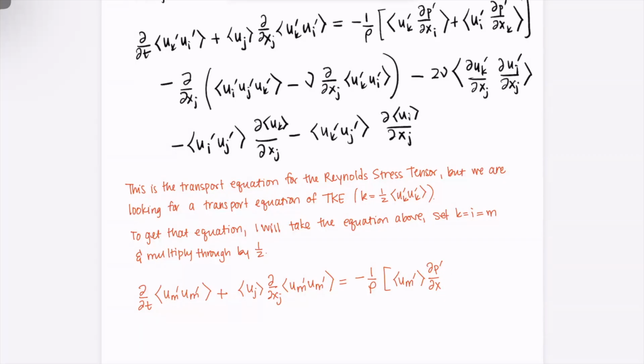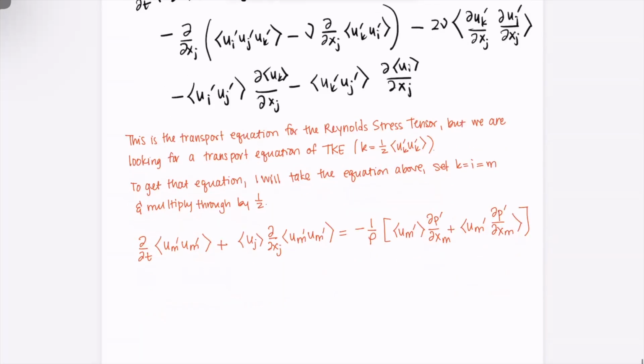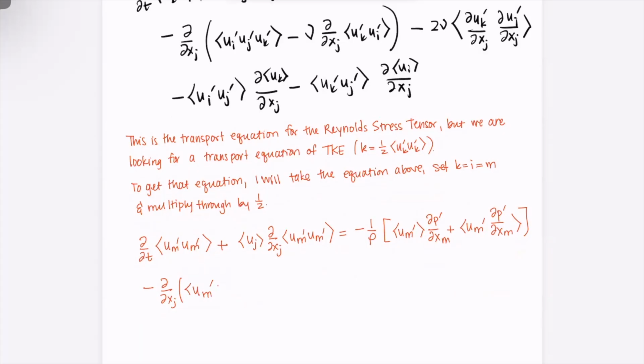The i's are m's. Plus prime partial p prime partial xm. All right, so we'll notice that this is 2 times that quantity because they are the same. And then we have minus partial xj quantity um prime uj prime um prime.